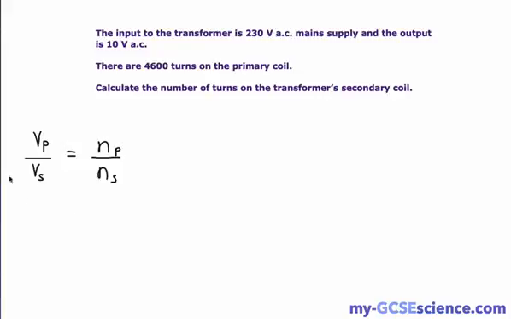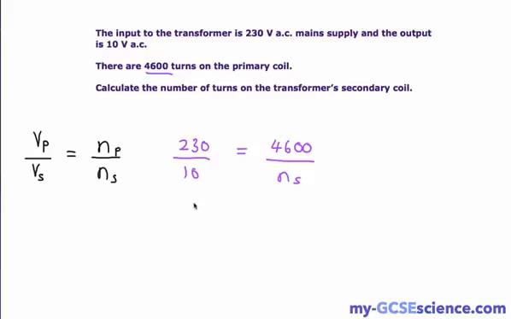So again, we use the equation that we are given and plug in the information that we know. So we have 230 on the input side, so that's our voltage across the primary coil. That's divided by 10, and that will give us the number of turns on the primary coil, which is here, it's 4,600, divided by the number of turns in the secondary, which we don't know.